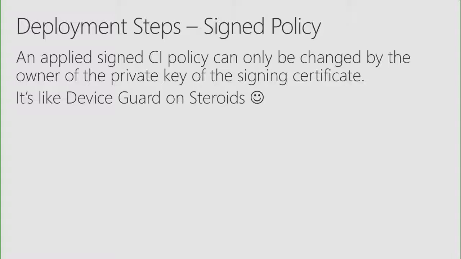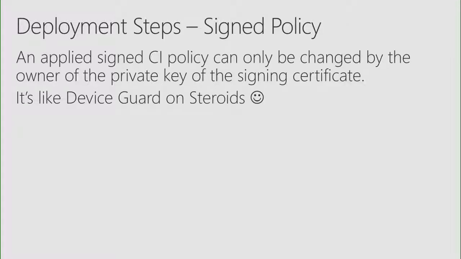Now, what can you do about that? Well, what you can do about that is actually sign the CI policy that you created. And if you signed the CI policy and applied it, there is only one person who can unapply it or change it. That's the person who actually signed the CI policy.